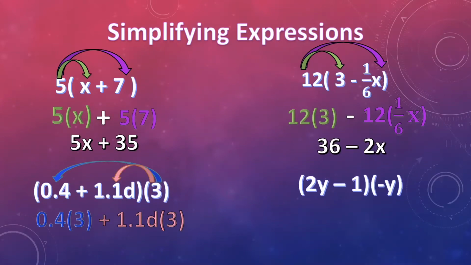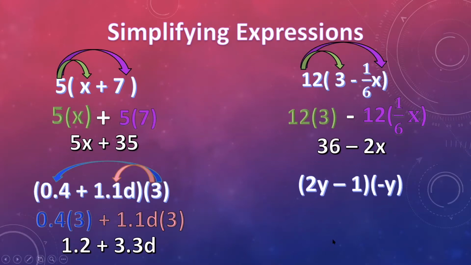If you show that, this second line here, you don't necessarily have to show, but it's going to help you stay organized. Because then I can do 3 times 0.4, 3 times 1.1 to get 1.2 plus 3.3d. Make sure your variables are staying put. And I can't combine these from our last couple videos because they're not like terms.